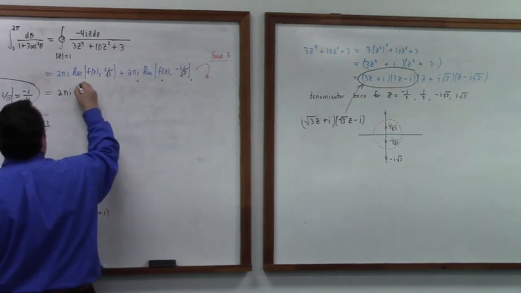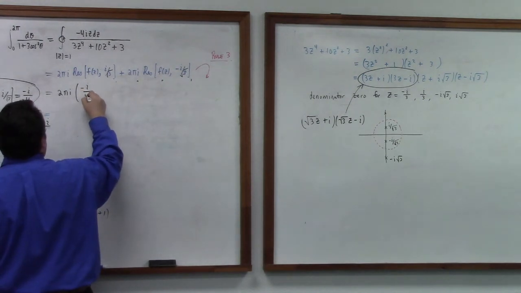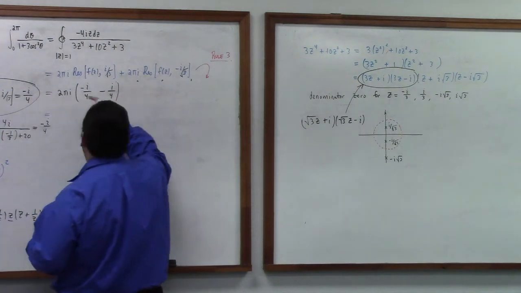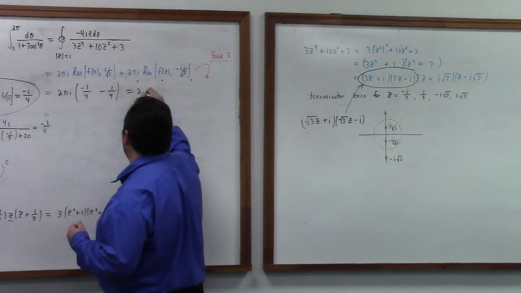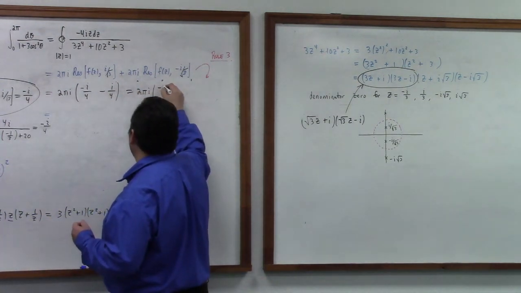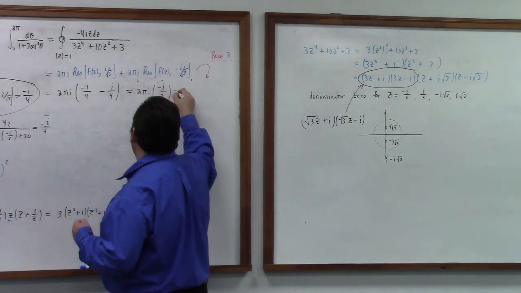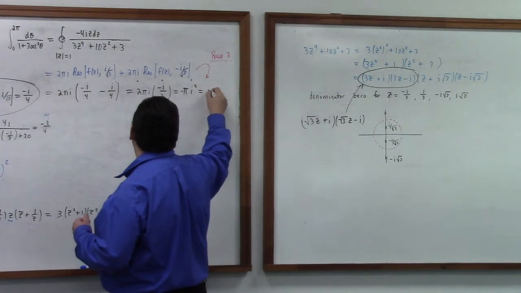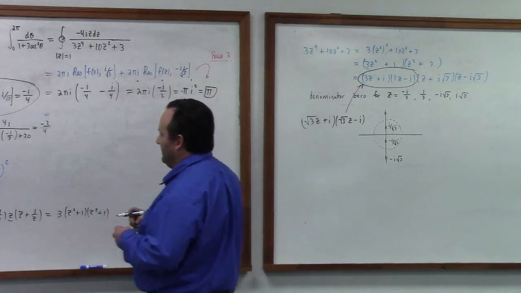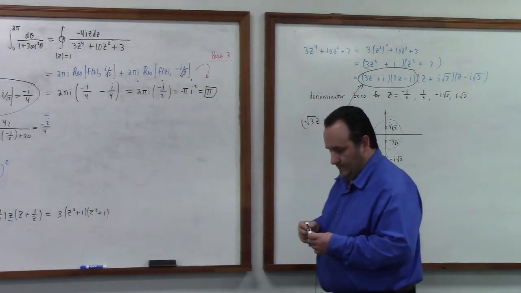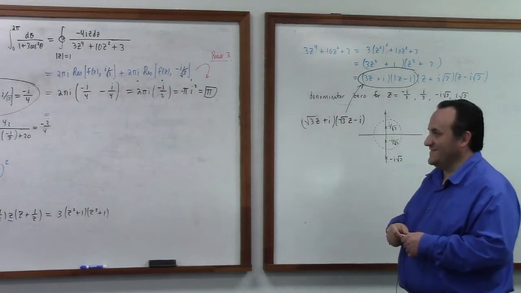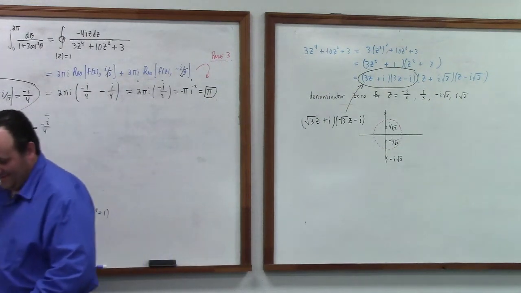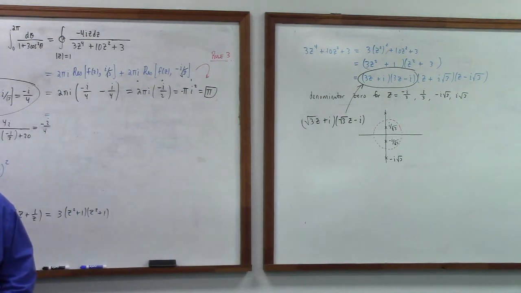Okay. So 2 pi i times minus i over 4 minus i over 4, which is 2 pi i times minus i over 2, which is minus pi i squared, which is pi. Yeah. So yeah, the algebra matters. It does.